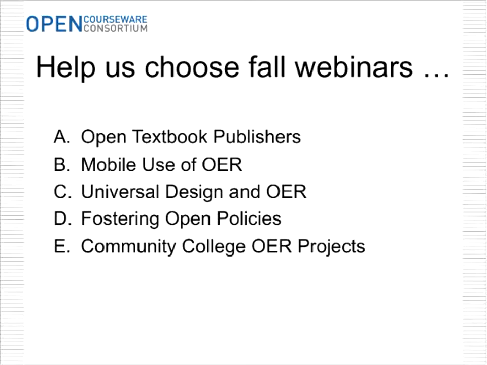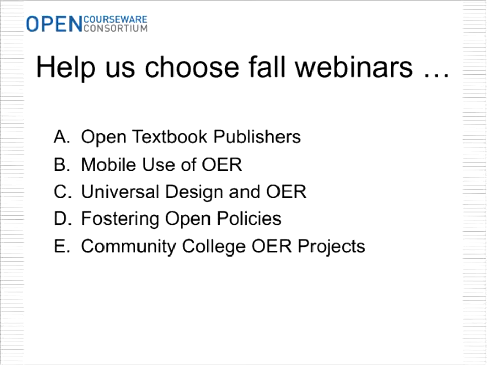I want to ask you one more question before we allow you to ask questions, and that is we're planning our fall webinars, our educational outreach webinars at the Community College Consortium, and I'd love to have your opinions on who you'd like to hear from.